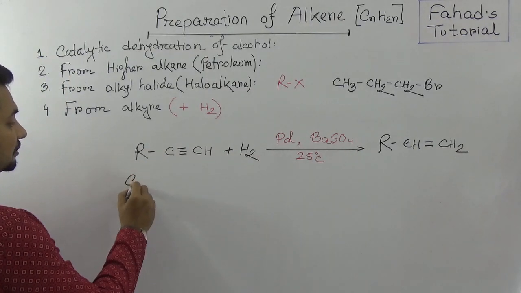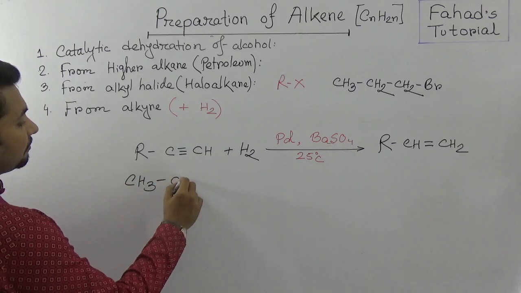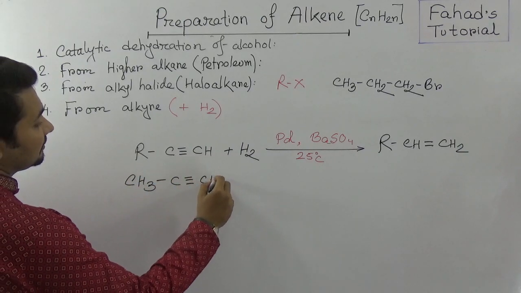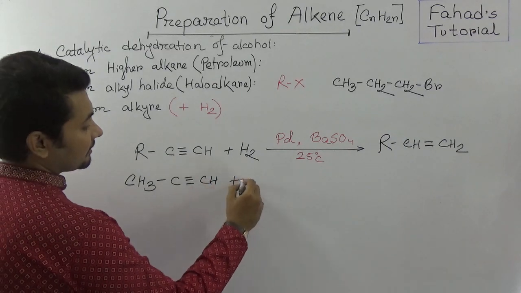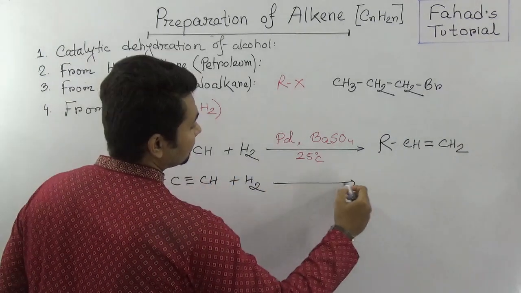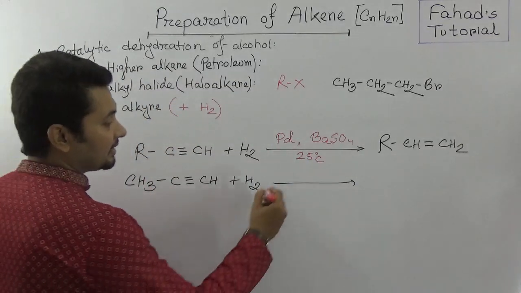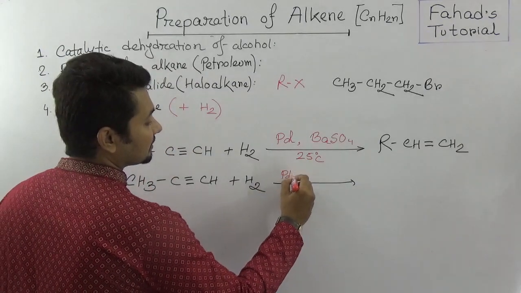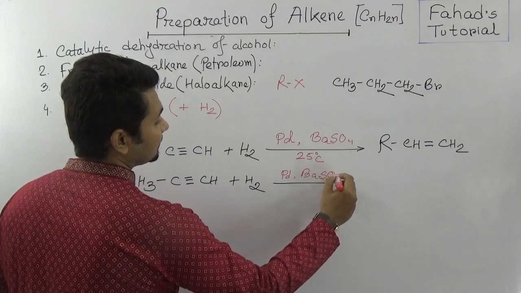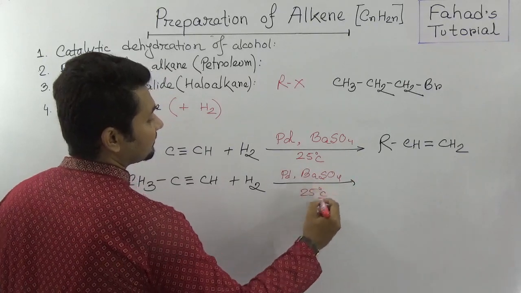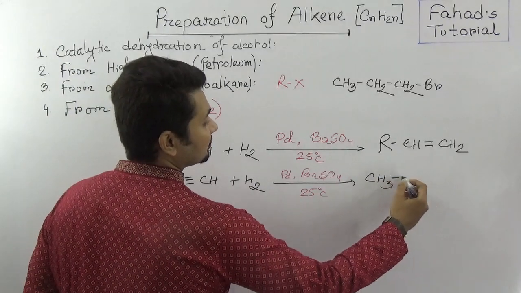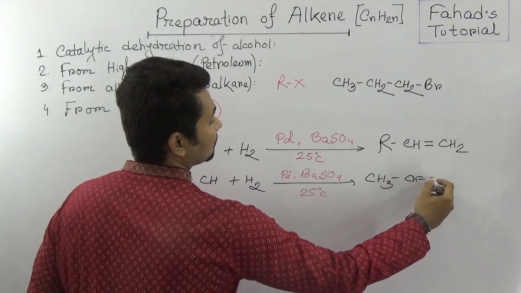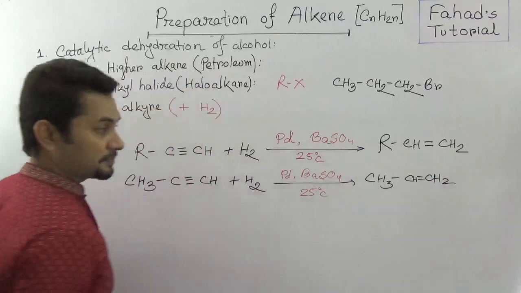So if you take CH3, C, triple bond, CH, that is propyne, and we add hydrogen in this condition, palladium in the presence of barium sulfate at 25 degrees Celsius, then it will produce propene, CH3, CH, double bond, CH2.